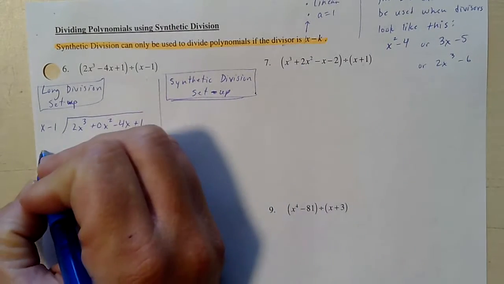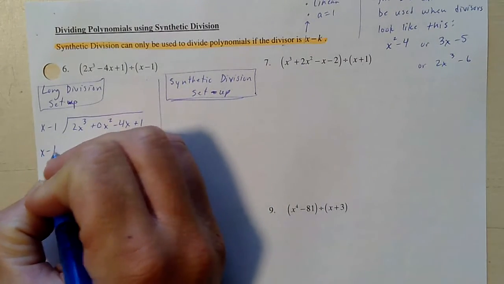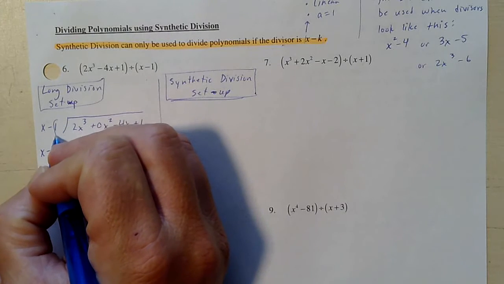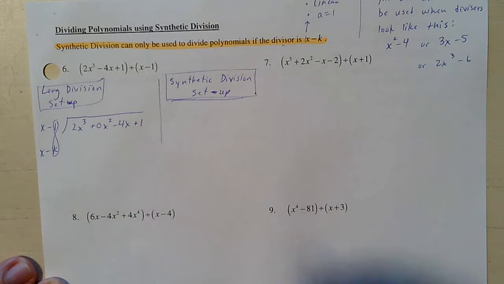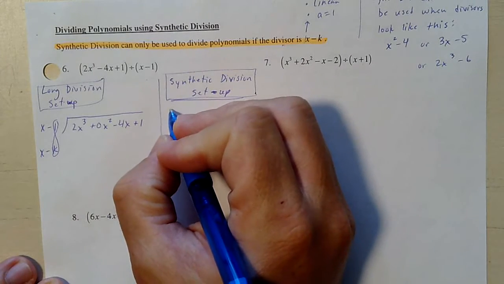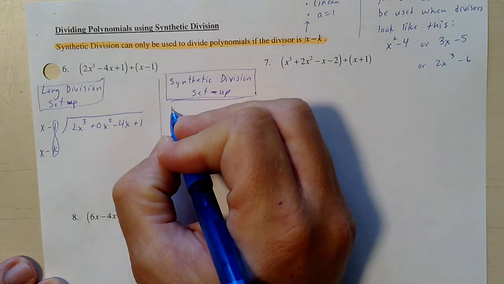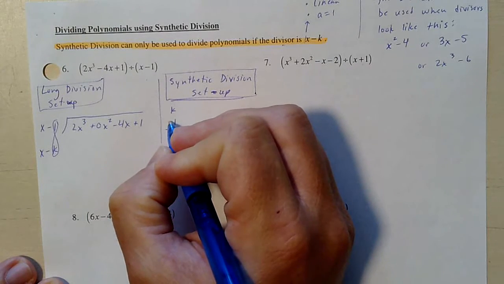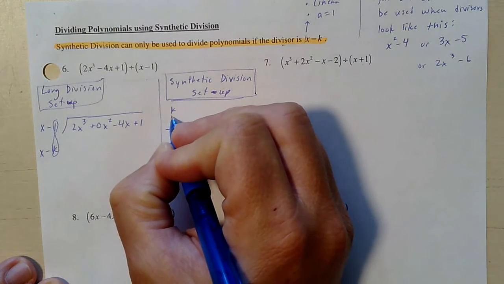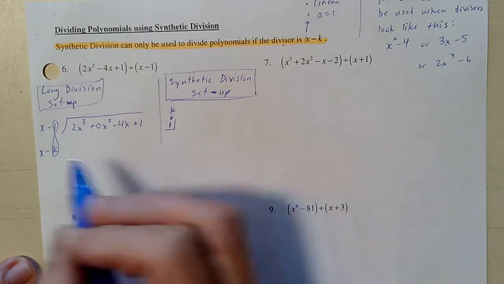Okay, it is in the form x minus k, so I'm going to write x minus k right underneath here. So we want to use 1 as our k value, not negative 1. Okay, so k kind of goes in this upper corner box. Okay, k is going to go right here every time. So k is 1.